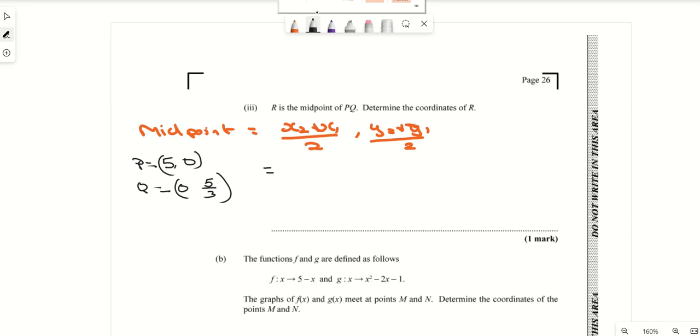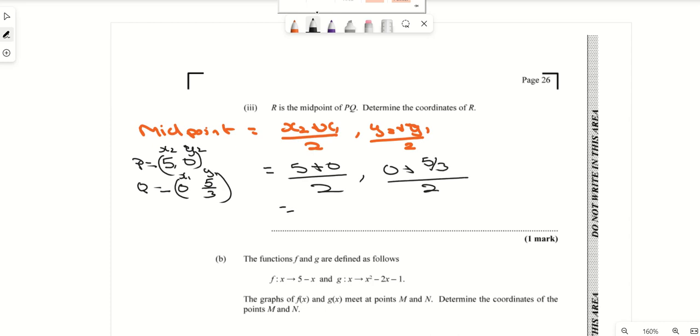You choose one to be group 1 and one to be group 2. I chose P to be x2, y2, and Q to be x1, y1. So I have 5 plus 0 all divided by 2, and 0 plus 5 over 3 all divided by 2.